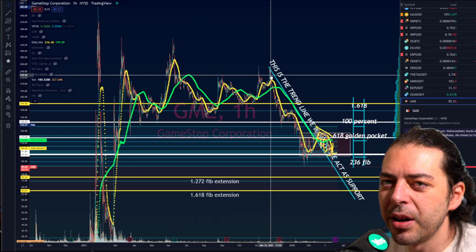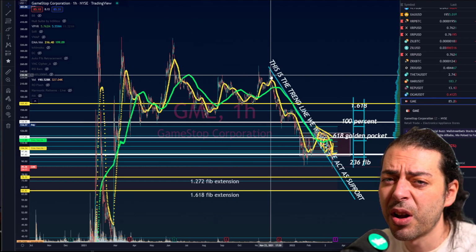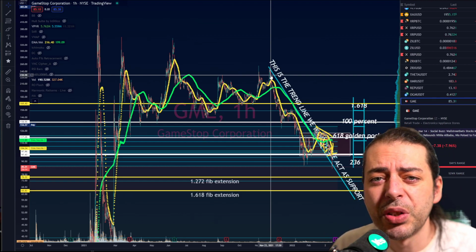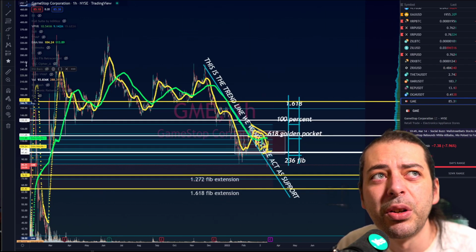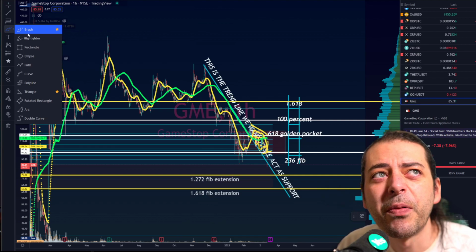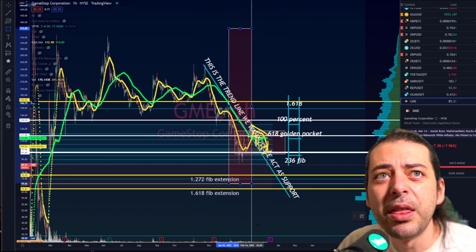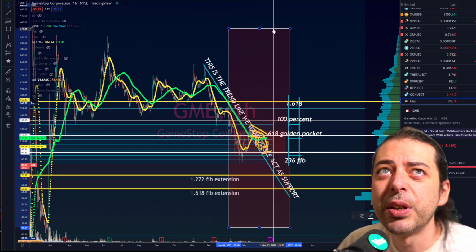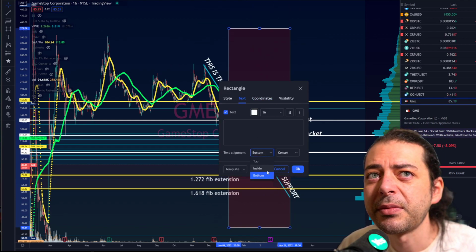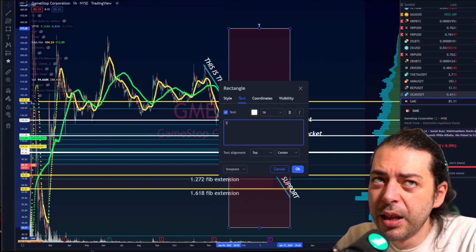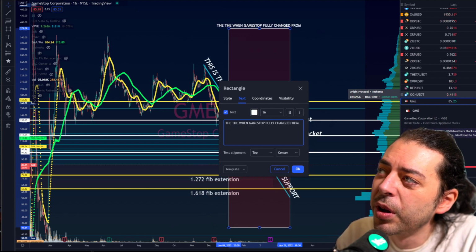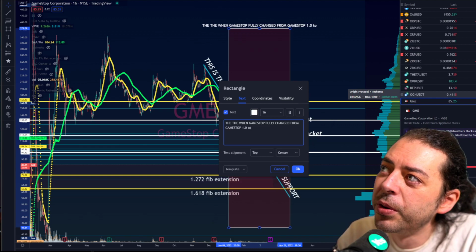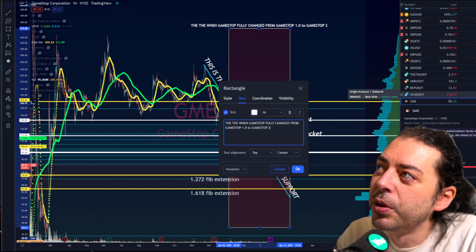Everybody and their mother wants to know what's happening with this stock, because at that point we'll have seen during it that there's a story, and in this story it will include a phase of time in this period right here, which can be said to be the time when GameStop fully changed from GameStop 1.0 to GameStop 2.0.